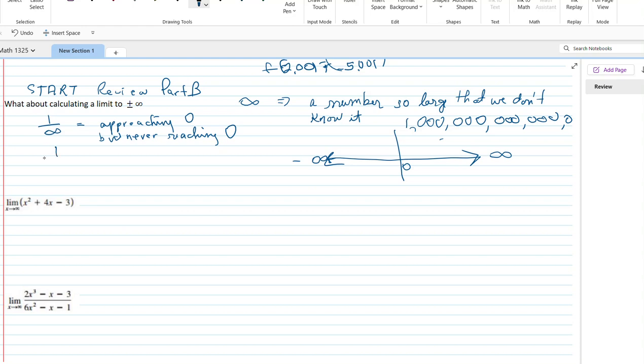Well, what if we had 1 over infinity squared? Well, that is beyond comprehension how big that number is. So we would have, again, approaching 0. Okay. And in the negative, it's also the same. It's always approaching that 0.